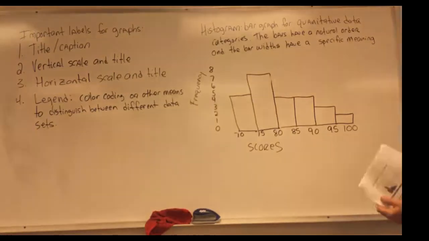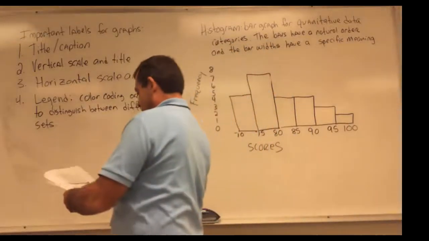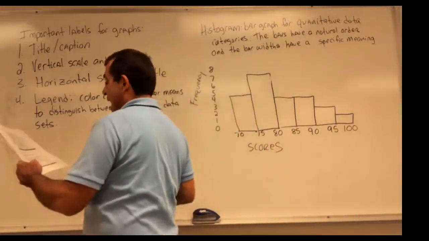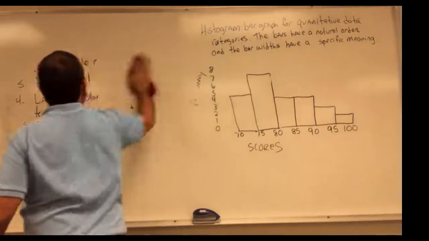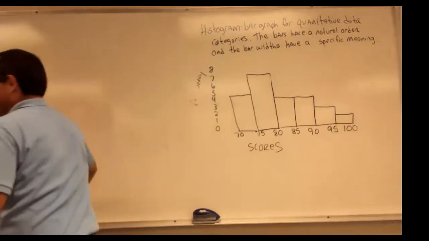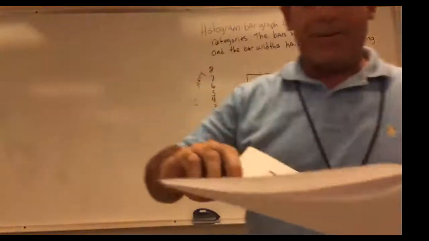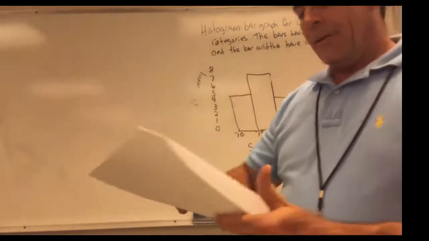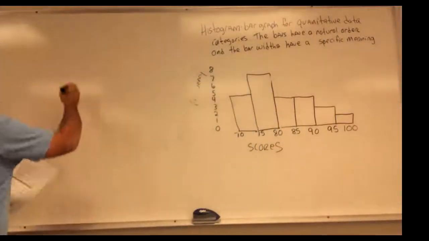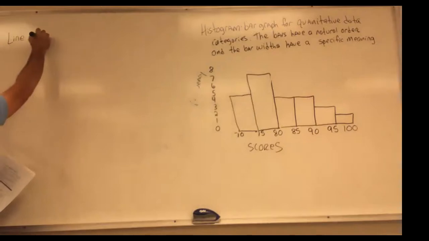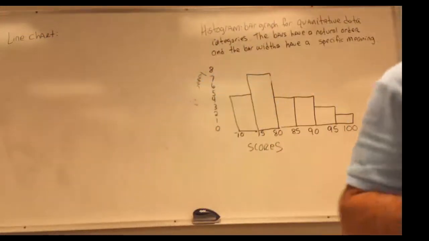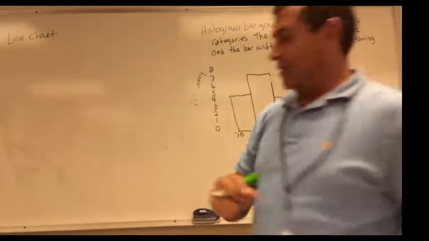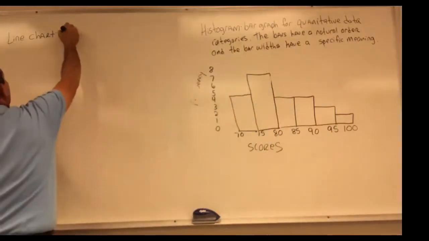Oh, what was next on there? A line chart. I was going to be killing y'all with different types of charts. It shows the data values as a dot.